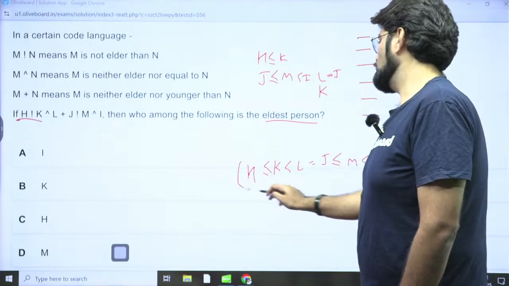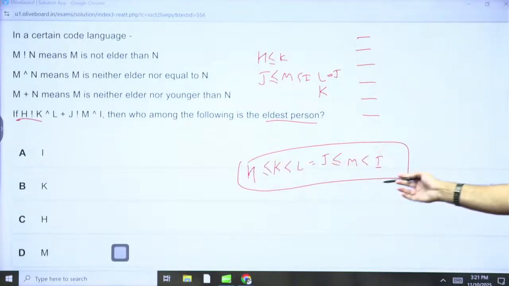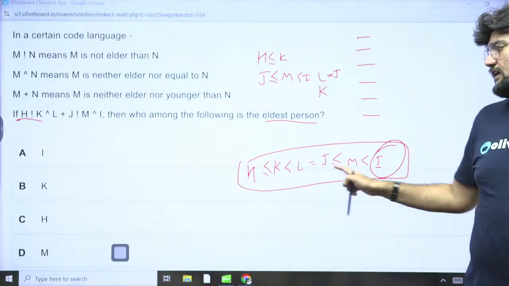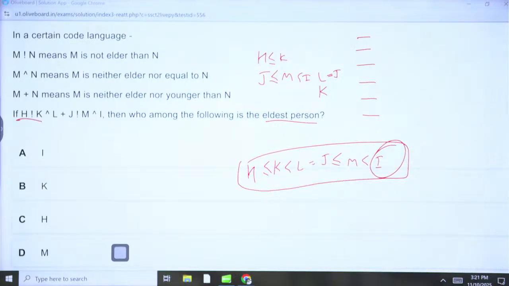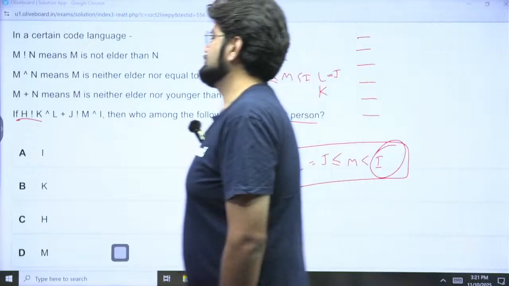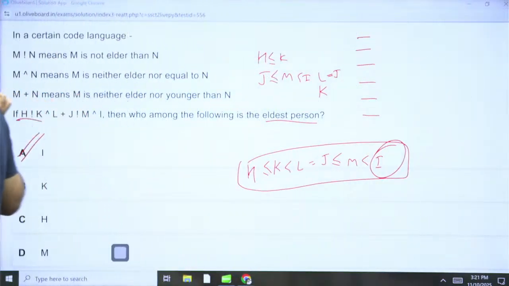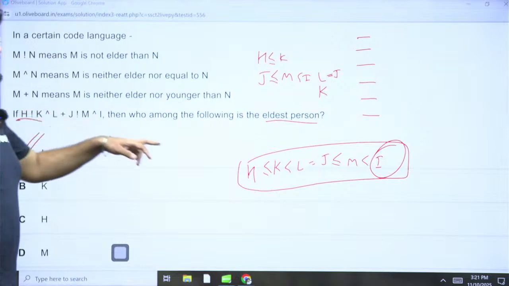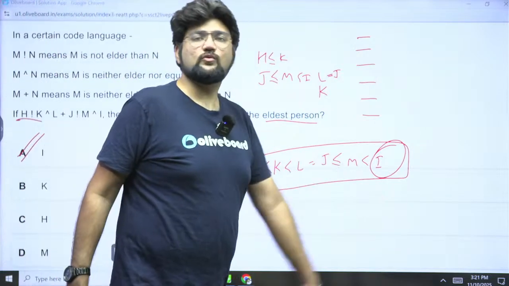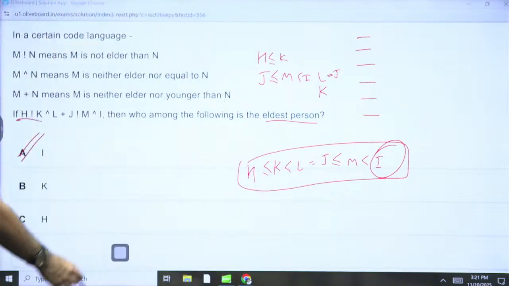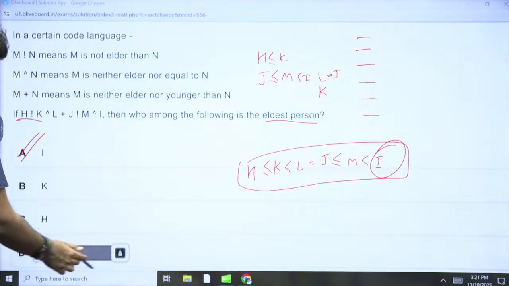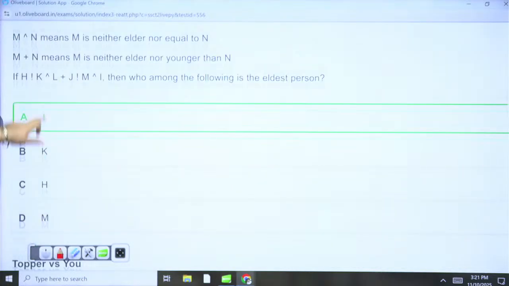It's clearly visible who is the eldest, because there's a clear relation here even in terms of inequality. So I is the eldest person. Option A is the right answer. The better approach would be for you to convert this expression into an inequality expression and then observe everything is unidirectional, so you won't face an issue whatsoever. So option 1 is the correct answer.